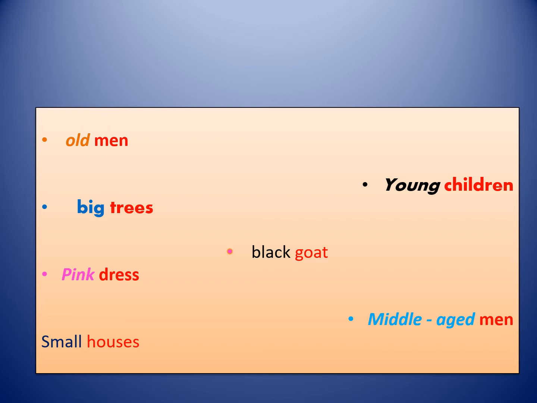Students, now concentrate on the words that are placed before nouns. What are those words? Old, big, young, black, pink, middle-aged, small. What is the function of these words? The function of these words is describing or modifying the noun.